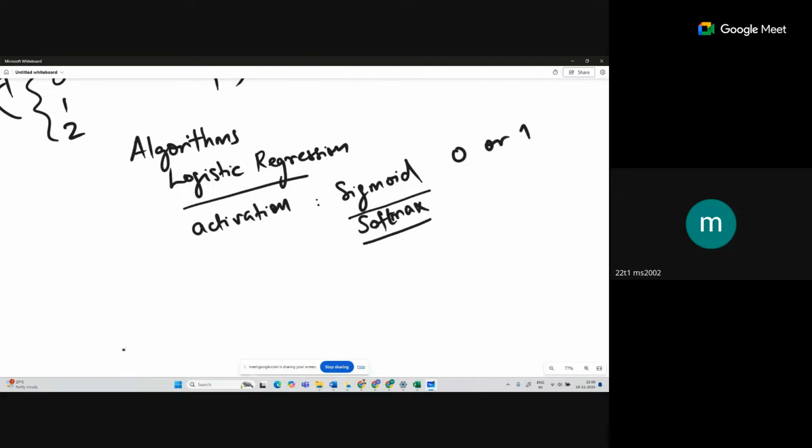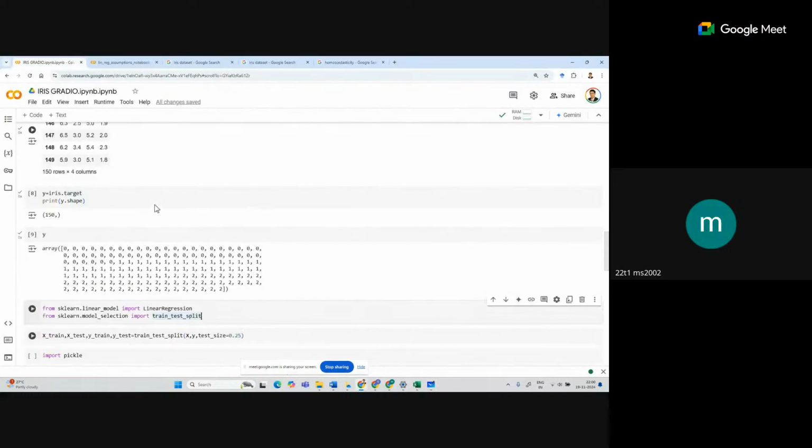Right now, understand that logistic regression with the sigmoid activation function can predict only 0 or 1, and it cannot predict 3 classes. That's the takeaway.